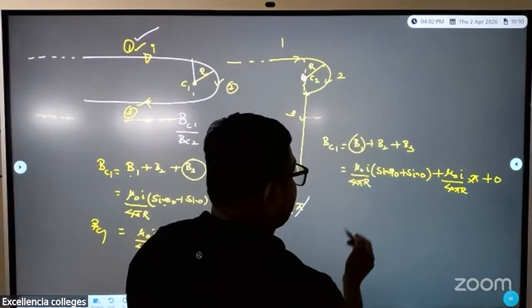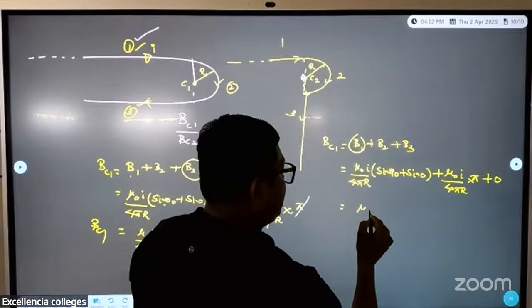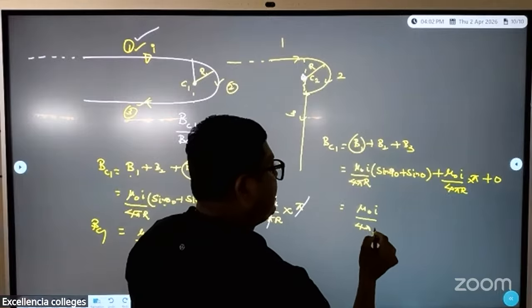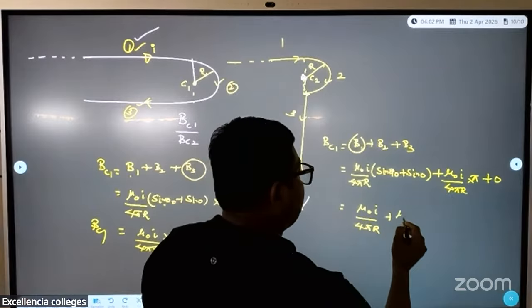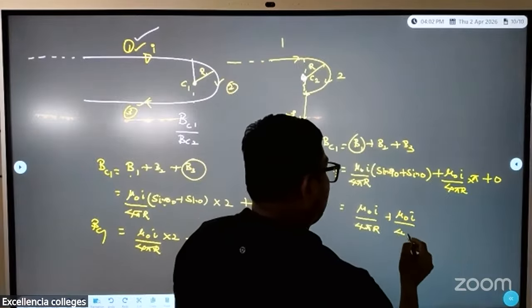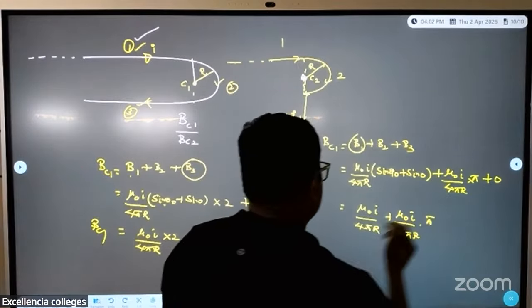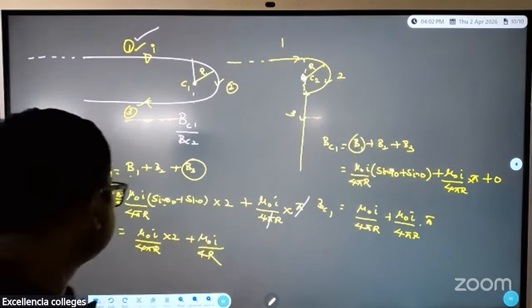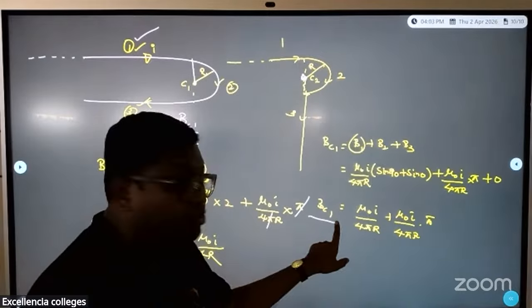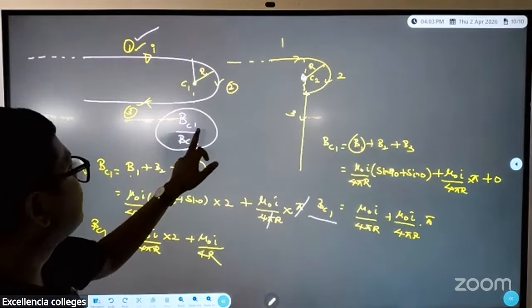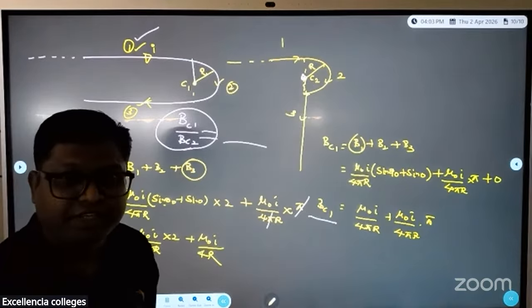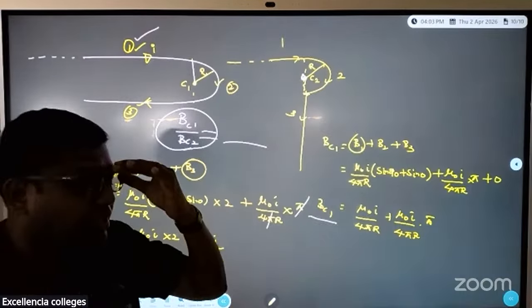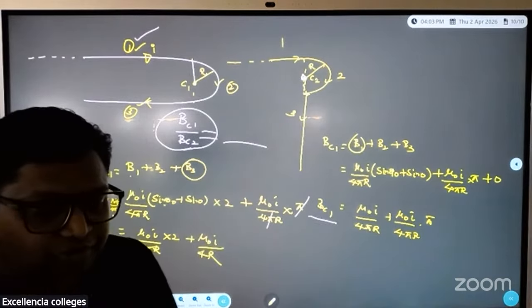Taking this into account, you can write mu naught I by 4 pi R plus mu naught I by 4 pi R into pi. Now we have the magnitude at the center C2. So what we can do is take BC1 and BC2, divide those two, and that will be your final answer. So easily we can calculate. Without any complication, this is also okay.